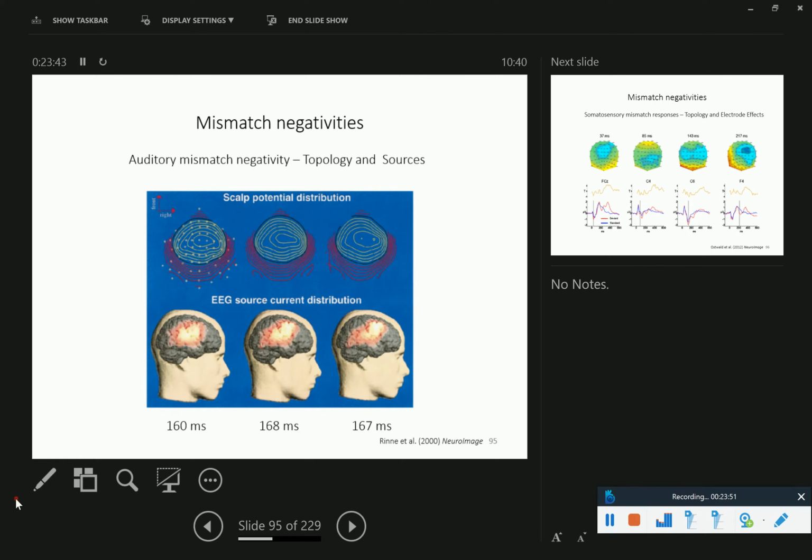Of course, this depends on how you do the source reconstruction, and we will talk about source reconstruction. But this is the evidence where people always say there's also a frontal source. The first is coming basically from where auditory cortex is sitting, so this is trying to explain this. Then a little bit later, there seems to be a little bit of a frontal shift.